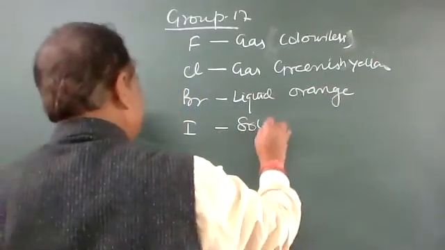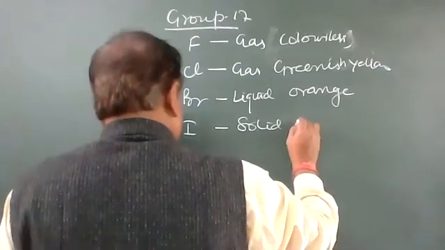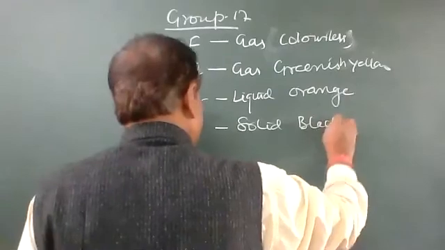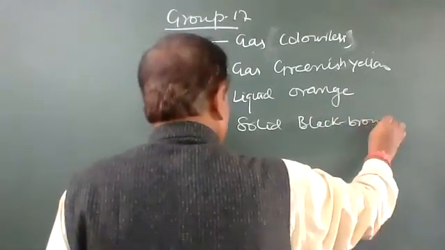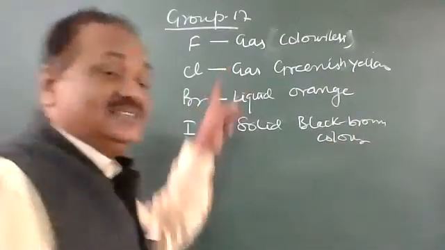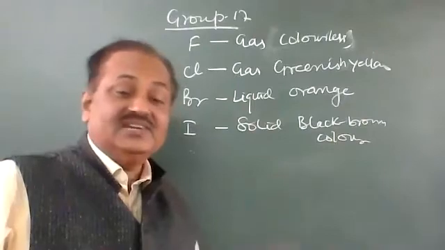Iodine is a solid, black-brown in color. Now see, there is a transition in the state. The state transition takes place.